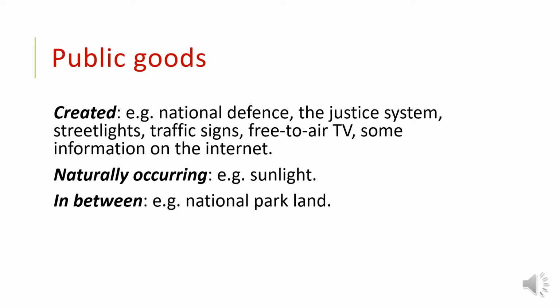However, in a different sense, it is created in that it might be a legislated zoned area which is classified as national parkland, and there are rules and regulations over the conduct of the use of that parkland. So in that sense, it's something like a naturally occurring phenomenon, like sunlight, but in another respect, it's created in that there's legislation which guarantees its existence.